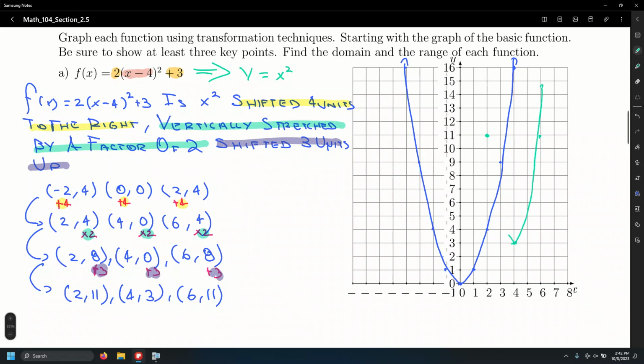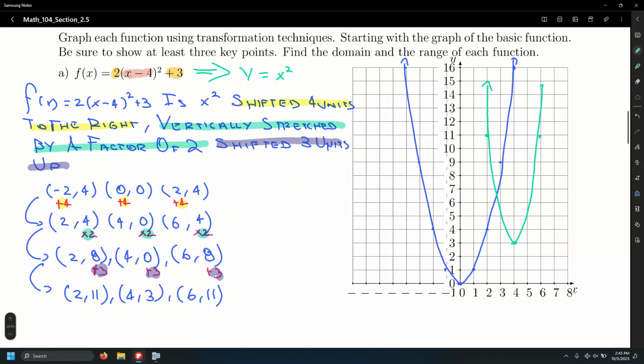Looks like this, and looks like that. Does that graph in green look like it's shifted to the right? Does that look like it is shifted up? Does that look like vertically stretched?